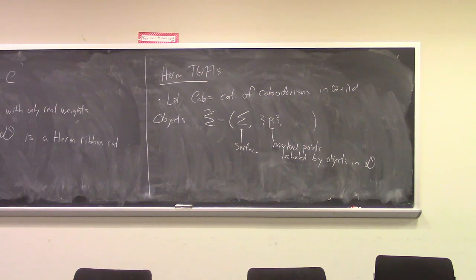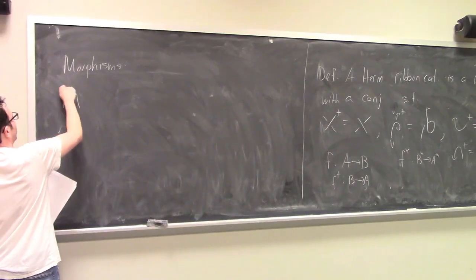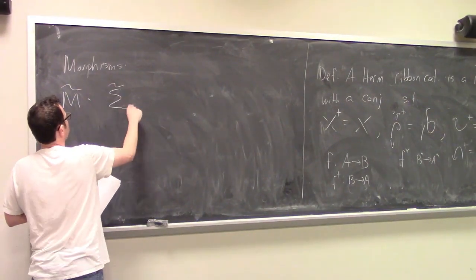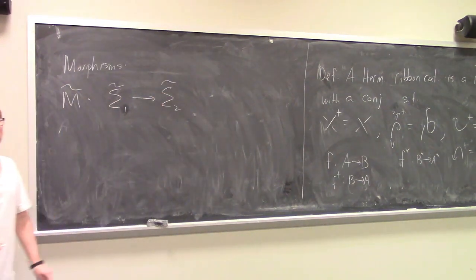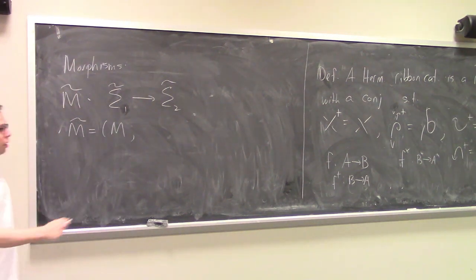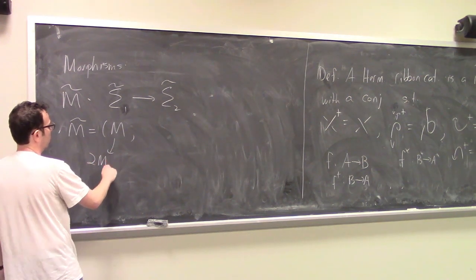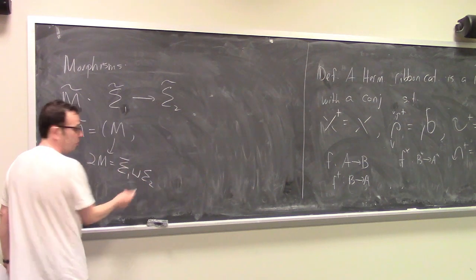The morphisms are cobordisms, which are 3-dimensional manifolds. So a morphism M tilde goes from sigma 1 tilde to sigma 2 tilde. This is the data of a 3-manifold whose boundary is sigma 1, maybe with the opposite orientation, union sigma 2.